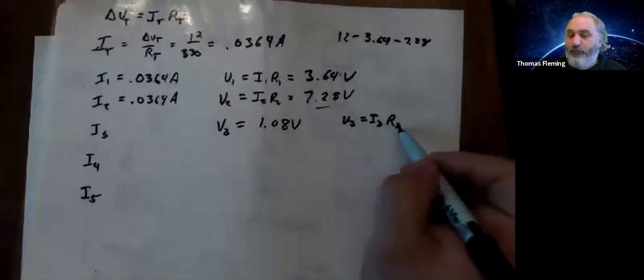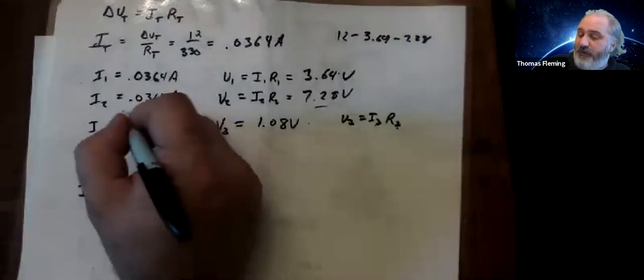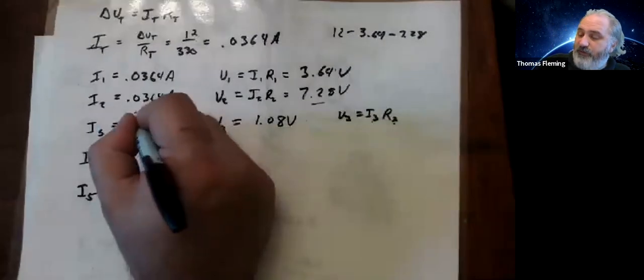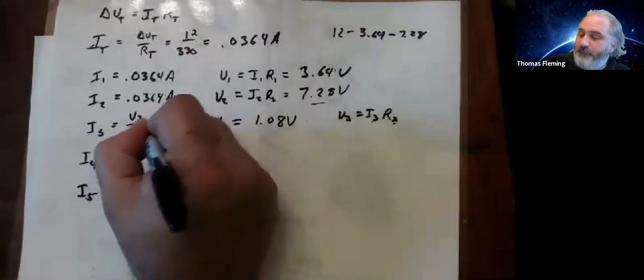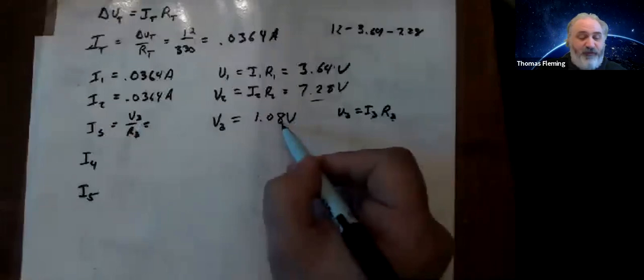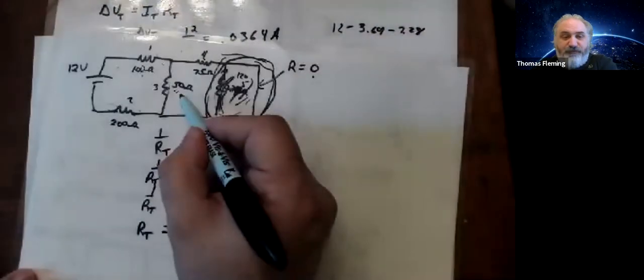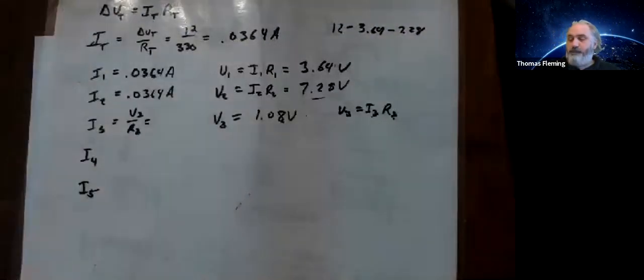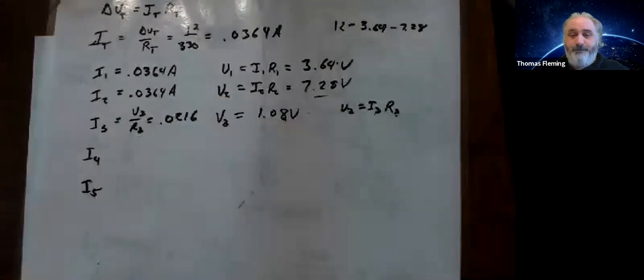V3 I know, R3 I know, I3 therefore must be V3 divided by R3. So 1.08 divided by 50 is 0.0216.